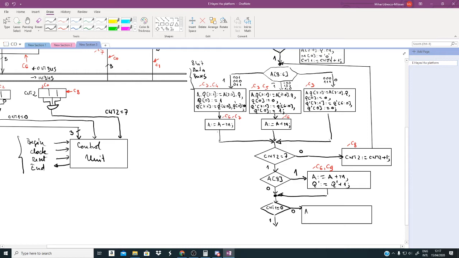So in A of 7 through to 0 enters what it was before in A of 8 to A of 1. This is shifting to the right. And A of 7, just a second.